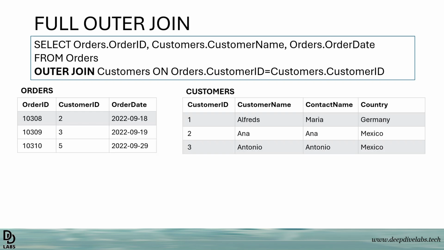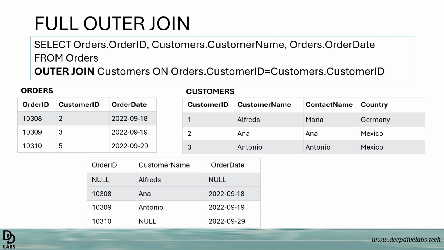There are some customers in the orders table who don't have IDs in the customer table, and some customers who don't have orders. So now we put them both together. Your outer join combines all the rows of both the tables, and wherever the corresponding values in a particular table are not there, a null value is added.